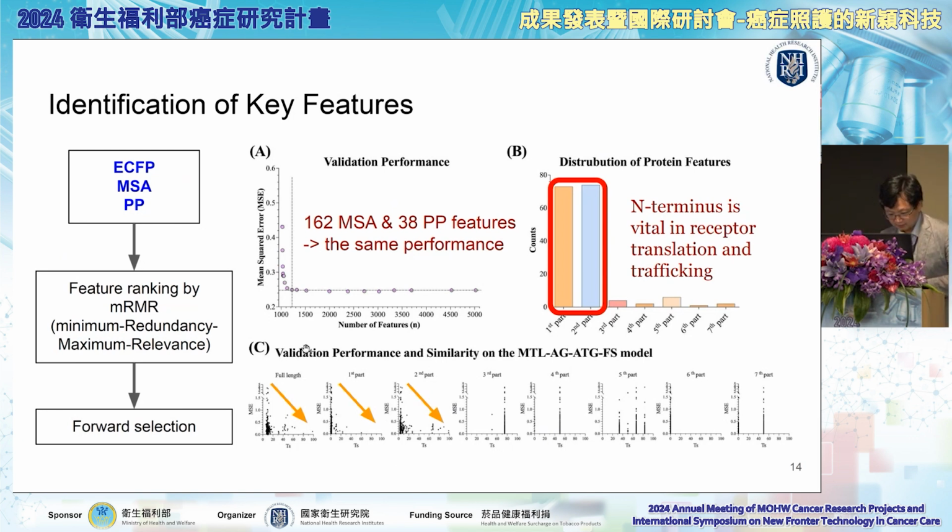So we take the similarity of the testing protein sequence compared to the training data set as an indicator. When considering the full length of the protein sequence feature of the 162 features, we found that the decrease of the mean square error correlates with the similarity of the protein sequence.